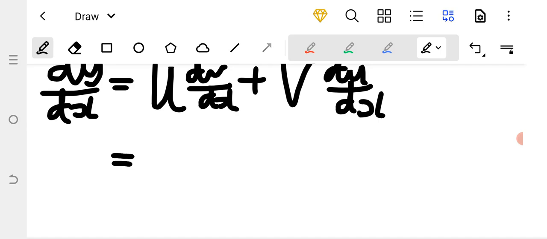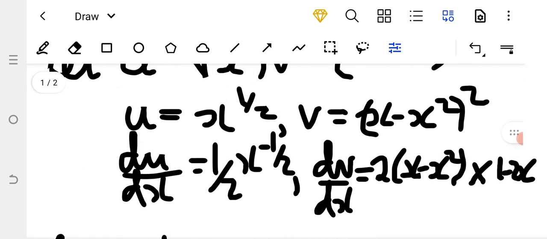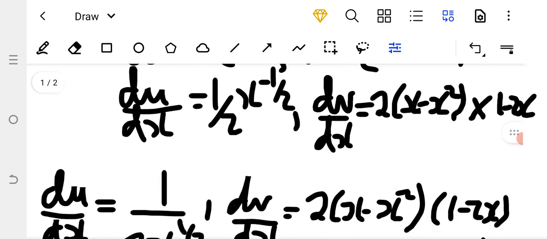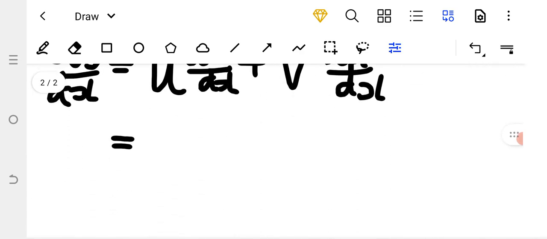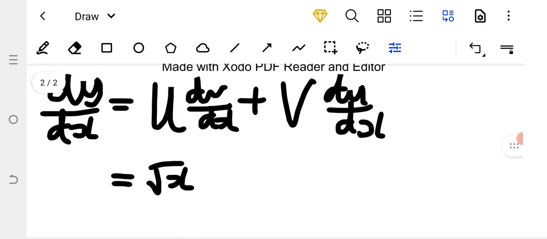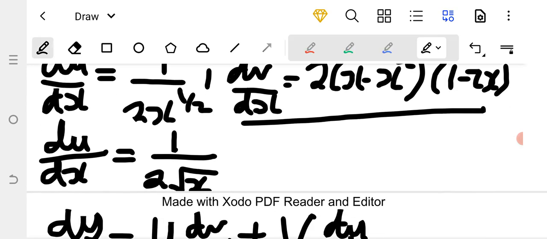Our u was what? Our u, if we go back, was x to the power half, which is the same as square root of x. So we have square root of x, then our dv dx was what we have there.